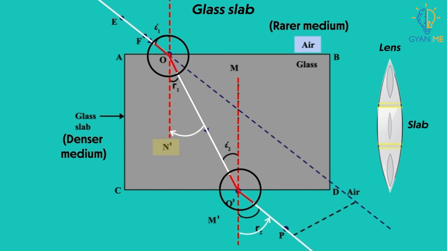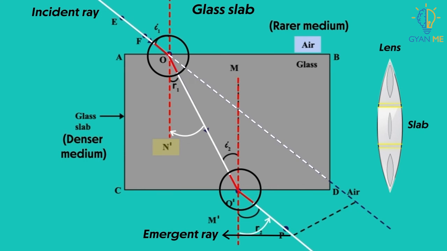So they cancel each other and the direction of the incident ray and the emergent ray are the same. However, the rays are parallel because the light ray shifts from its path. They are not overlapping each other, and this distance between them is known as lateral shift.